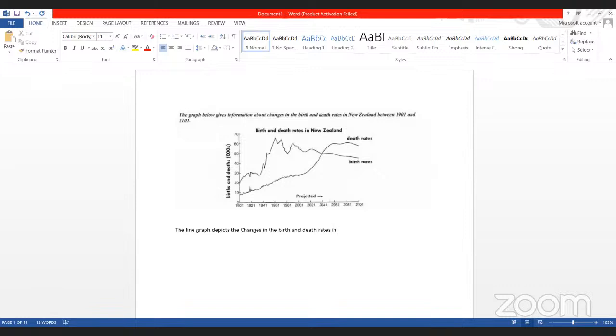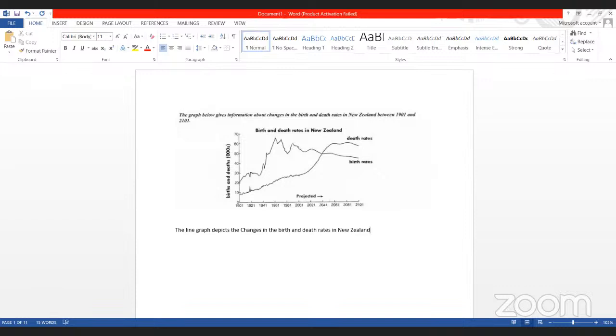Now we need to talk about the country setting of the graph. New Zealand. So you have directly given the setting of your graph. It's New Zealand.